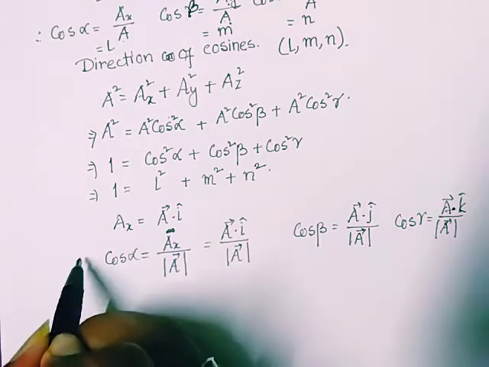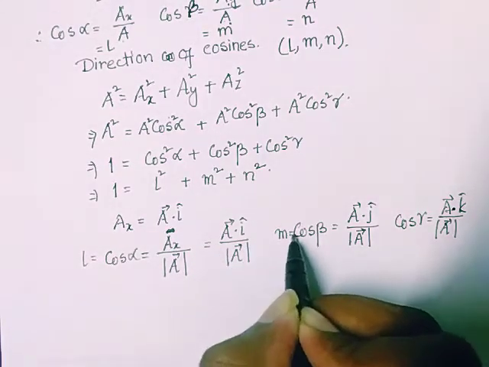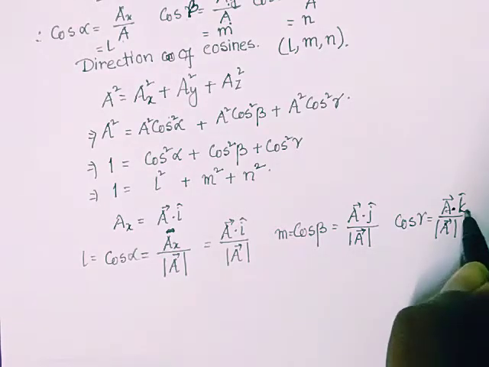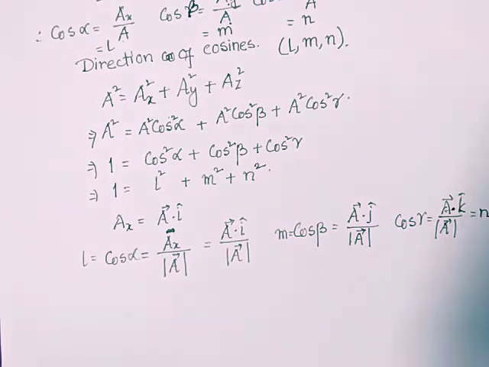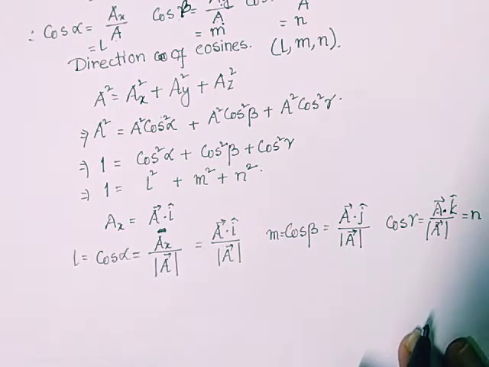So l is equal to this, m is basically equal to this, and n is basically equal to this. So the direction cosines are also represented this way. So what are the implications of the direction cosines that we understood after solving some numericals?